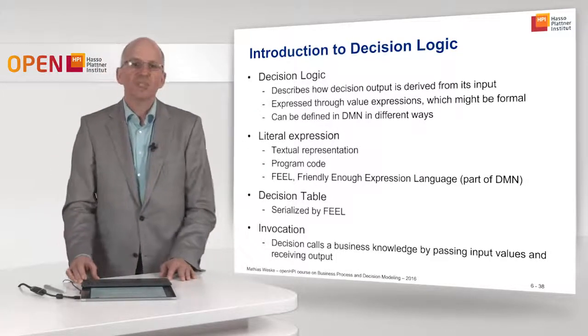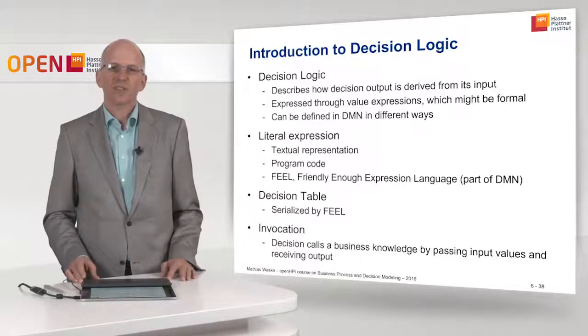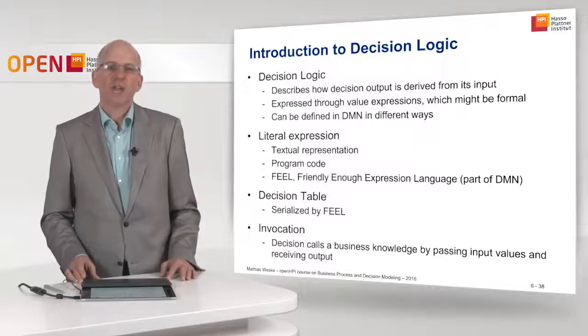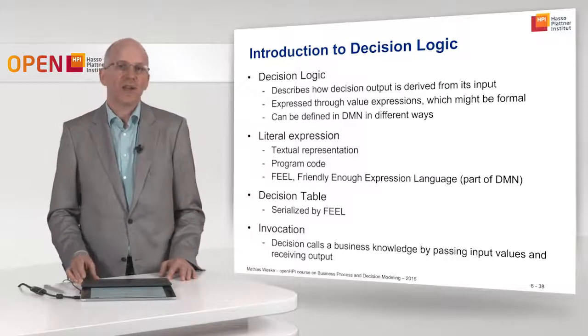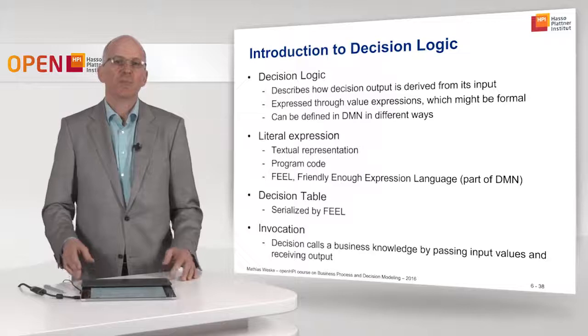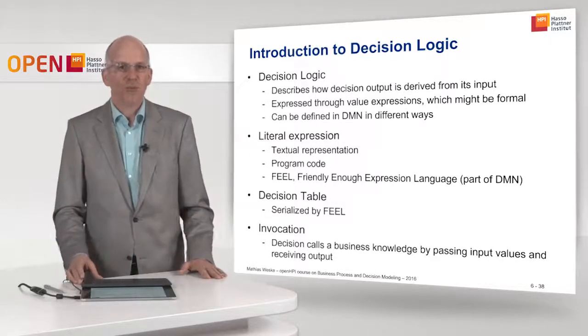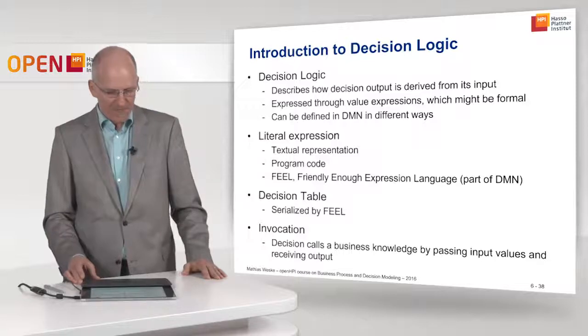Decision logic can also be specified using decision tables, as we've seen already. And decision tables are actually also serialized by FEEL. So FEEL is the textual language to represent decision tables in your machine, and also to do input and output when you work with certain tools.